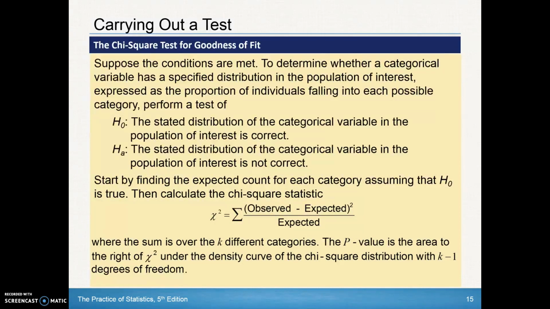So, suppose the conditions are met. To determine whether a categorical variable has a specified distribution in the population of interest, expressed as the proportion of individuals falling into each possible category, we perform a test of our null hypothesis, that the stated distribution of the categorical variable in the population of interest is correct, and the alternative is that it is not correct.